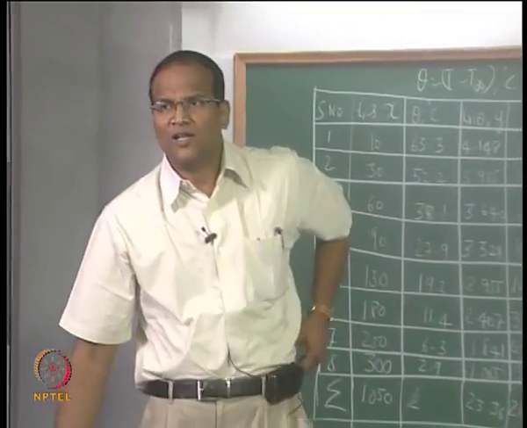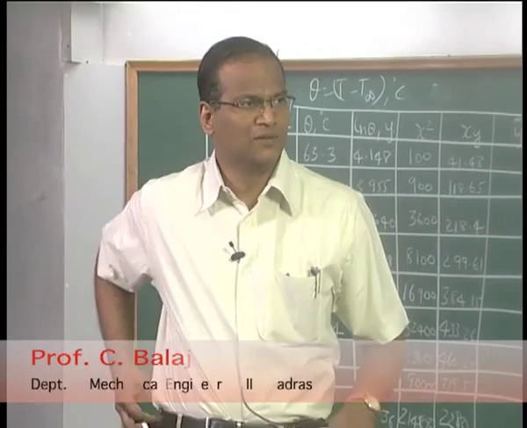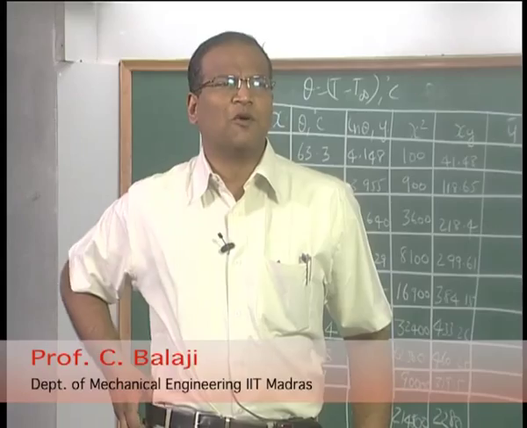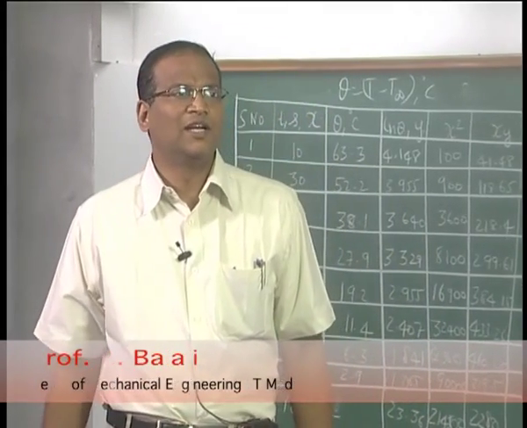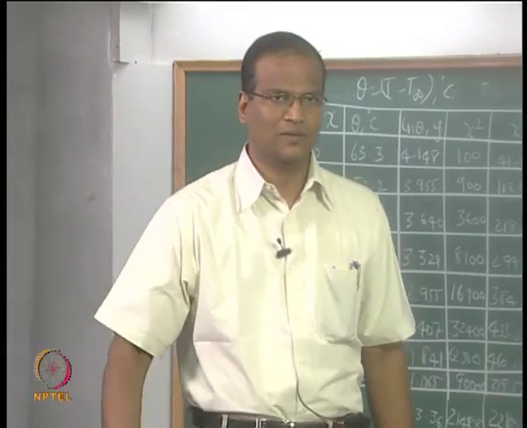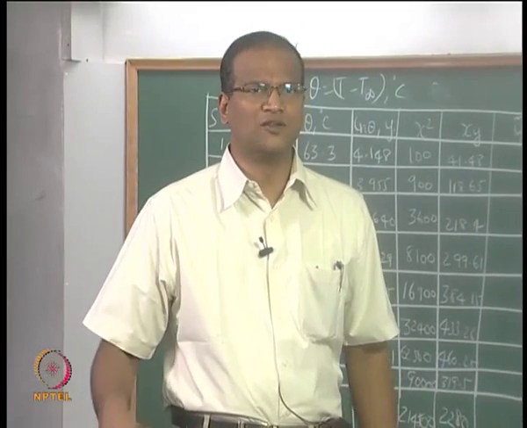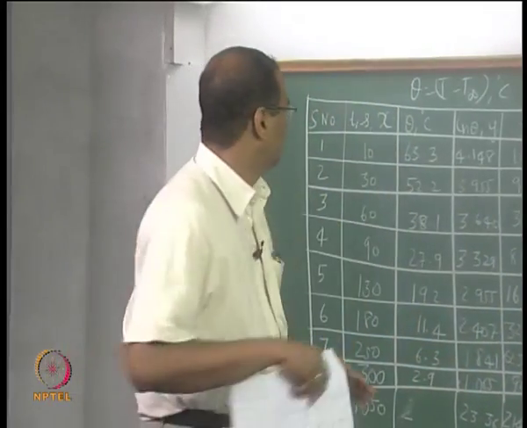When you take this log and all that, it depends on where you stop, the second decimal place, or there will be some small variations, that is all right. Time constant, instead of 200 seconds you may get 198 or 203, it is okay. You should not get 2000 instead of 200. All right.